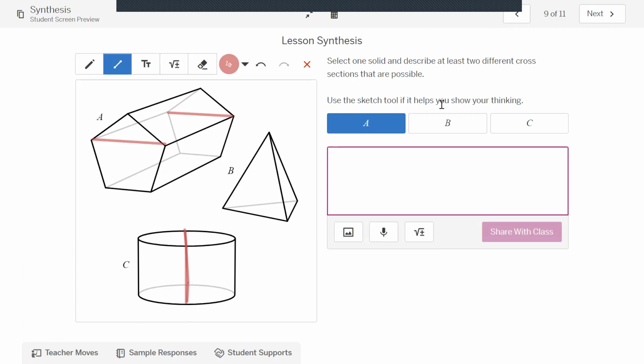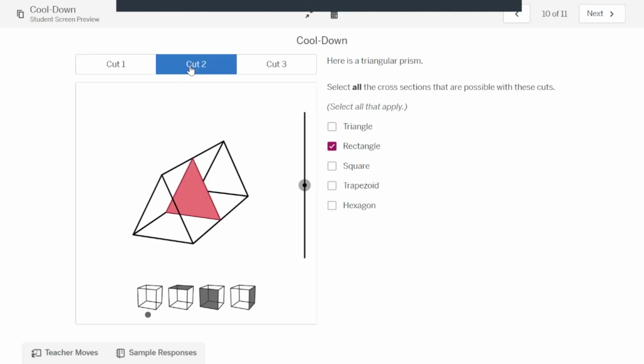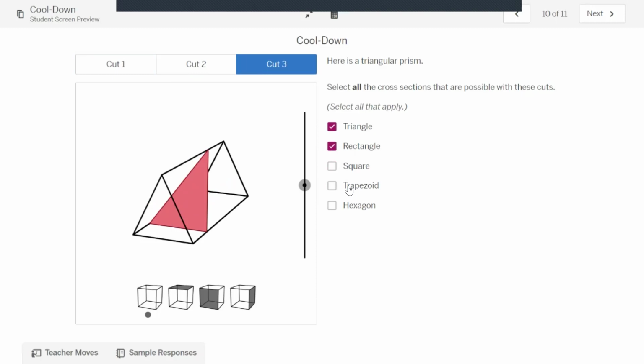Wow. Yeah. Next, rectangle is cut. Triangle. See, this cut. Trapezoid, like that. Yep, trapezoid.